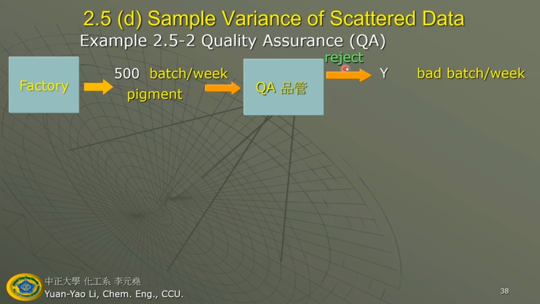If the rejection of bad batches is too much, for example, if you have 500 batches and 400 are not good, you need to return them. So you can only sell 100 batches of the pigment, and you lose money, right? So you need to think of what's wrong with your factory. Okay, so you need to define what is wrong before you continue to manufacture the pigments.